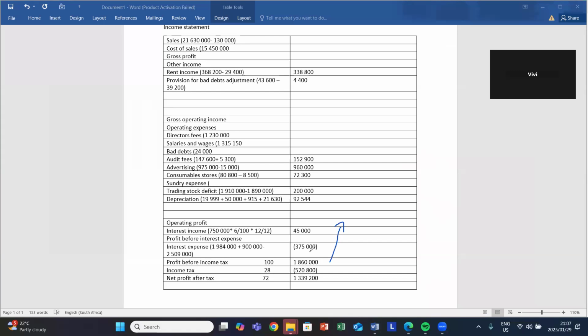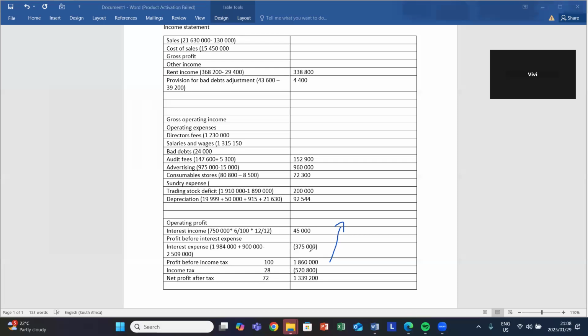Can you repeat? I said, okay, for us to get our interest income at this stage, do you have any clue on how we will calculate it? Or how do we get our net profit before tax?